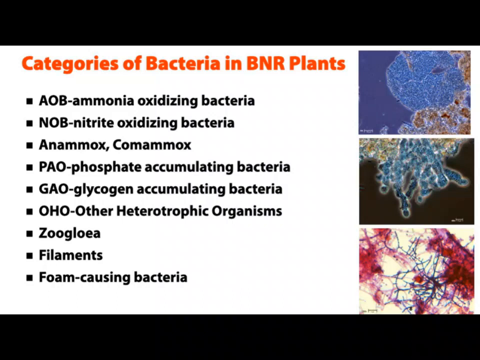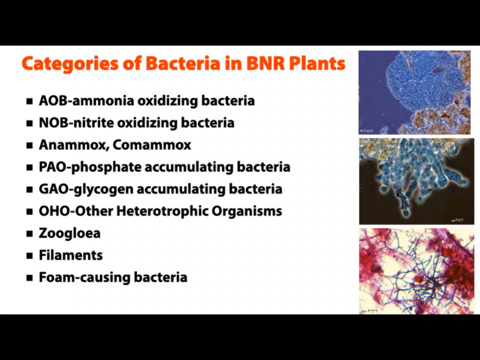We call it EPS, or we can call it slime. You can call it bug snot. You can call it bug blubber. You can call it anything you want. But you get the idea that it's the sticky, gooey stuff that makes activated sludge slimy and stick to the surfaces and allows attachment. Okay, so bacteria produce slime.